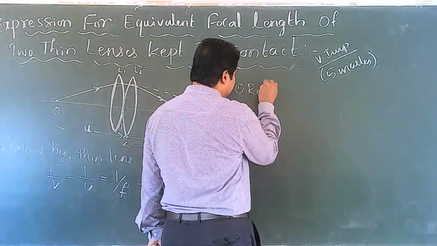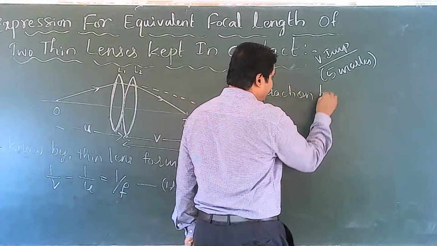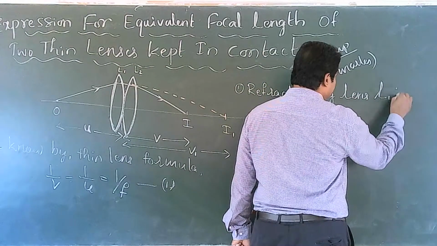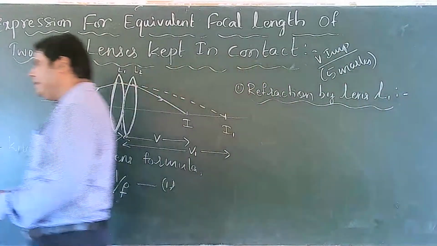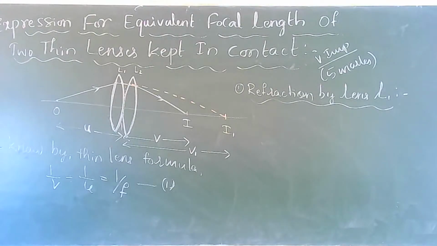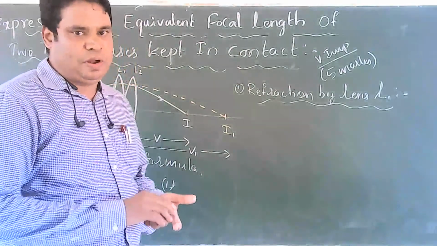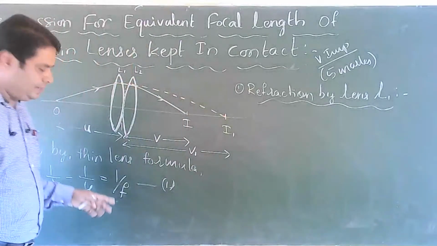Refraction by lens L1. What we have to write?